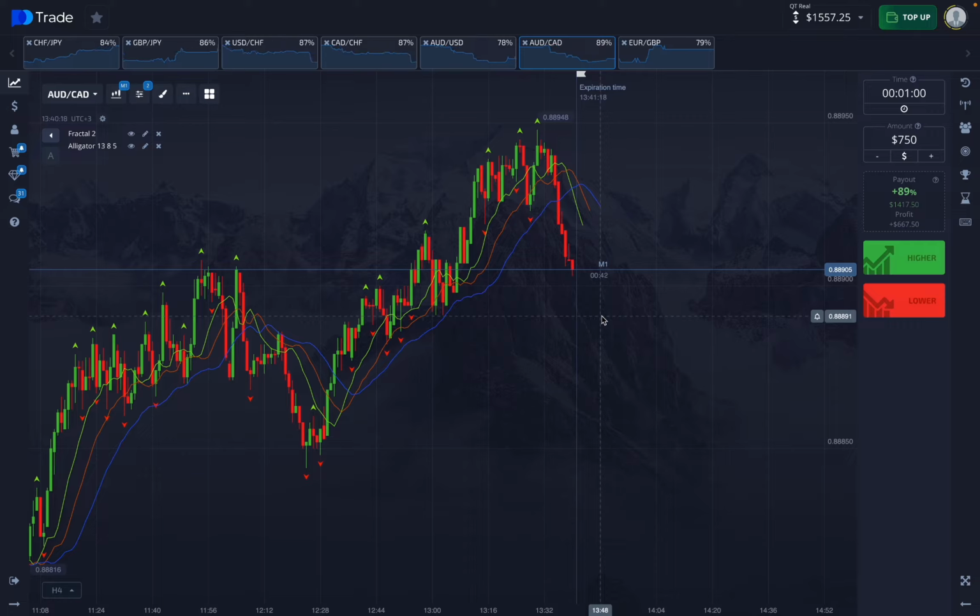When trading on a minute time frame, the default settings for these indicators are sufficient. Well, let's start with a deal of $750.